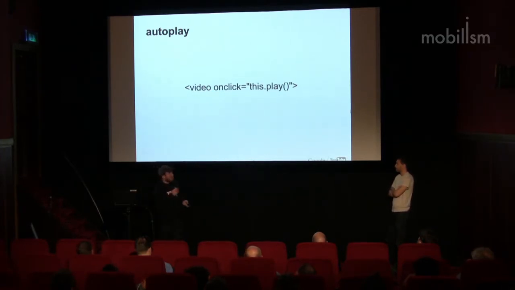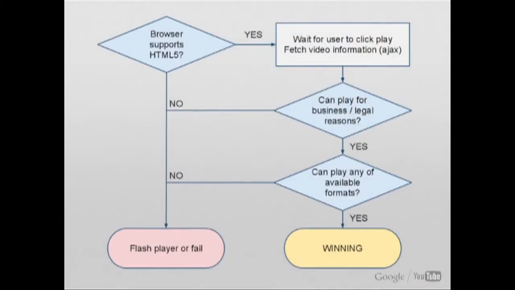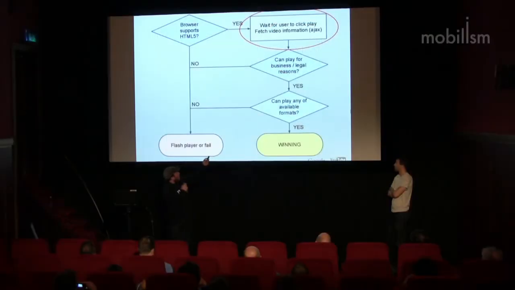But the interesting problem is for our embeds, our embedded YouTube videos, we actually don't have the information that we need to be able to start playback right away. So we need a source. Here's a little graph of the flow of what it looks like for our embeds, how they make decisions. The important thing here is the thing at the top.